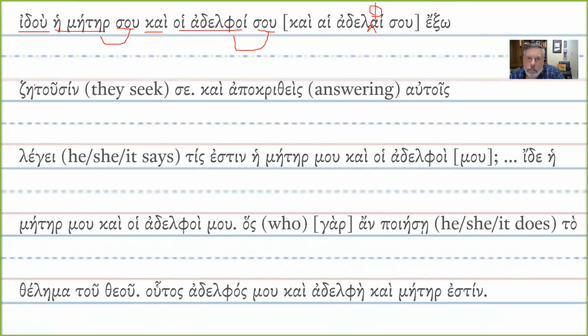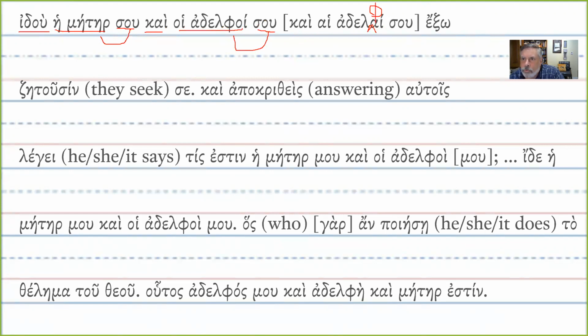Exo zetusin se. We'll finish this sentence first. Edu he pater su, behold your mother and your brothers. And then some manuscripts have inserted or have included, and your sisters.